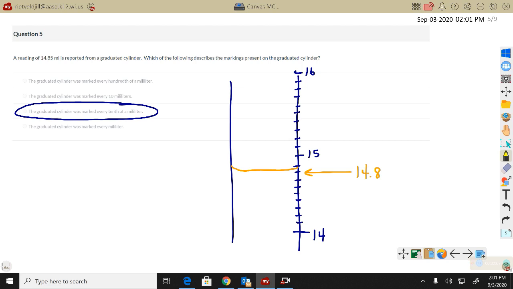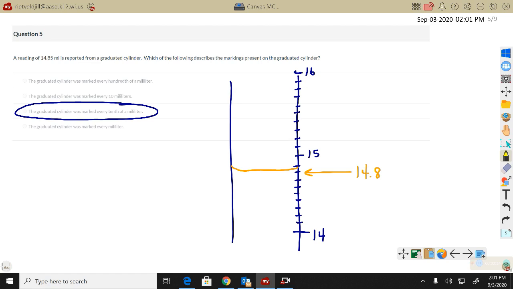Question 5. A reading of 14.85 milliliters is reported from a graduated cylinder. Which of the following describes the markings? Okay, so in a measurement, the last decimal spot is always our estimate. So that means that this particular graduated cylinder would have had a marking for 14.8 milliliters.